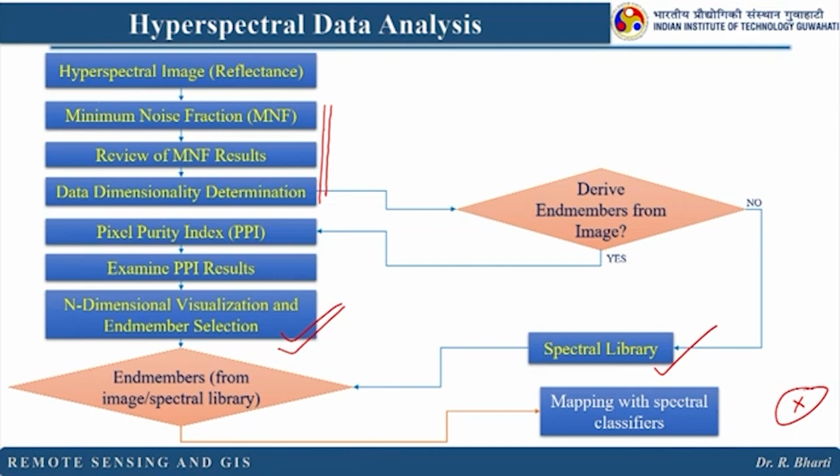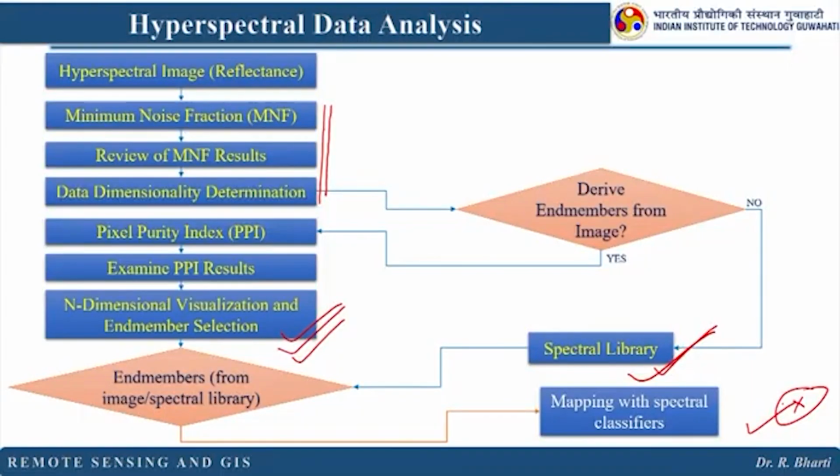In case I am not doing that, then I have to use this spectral library spectra as reference spectra, and then I will be using some spectral classifier to classify my image into different classes. Now here in both the cases, ultimately we are using spectral classifiers.